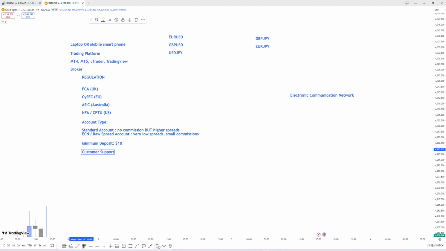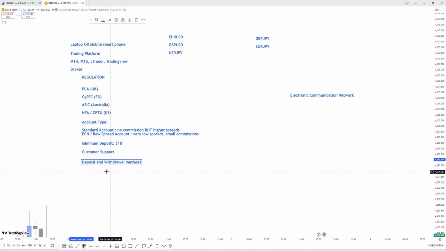And the next one we're going to look at is deposit and withdrawal method.